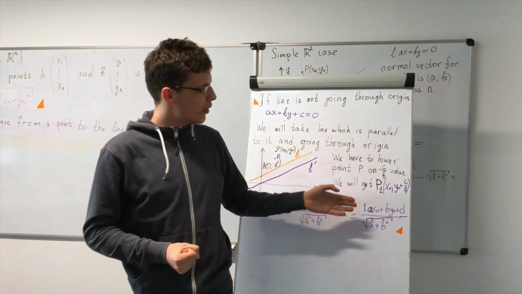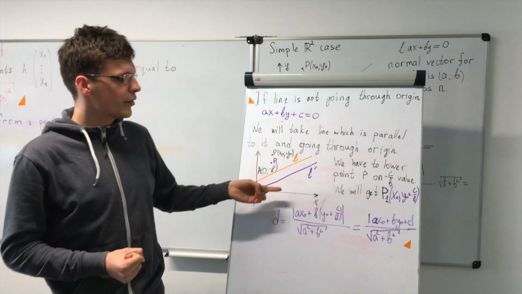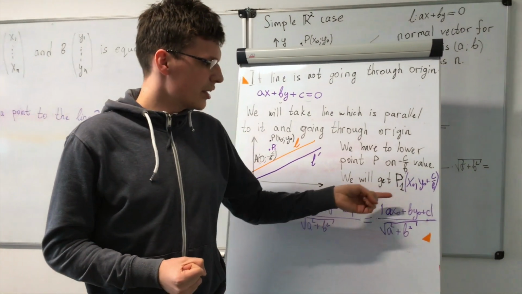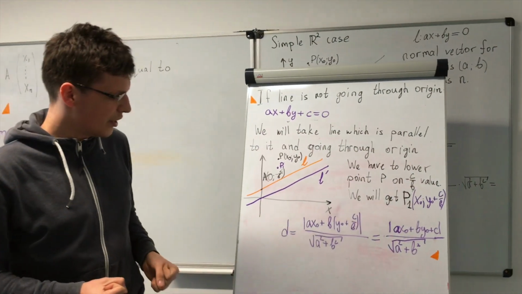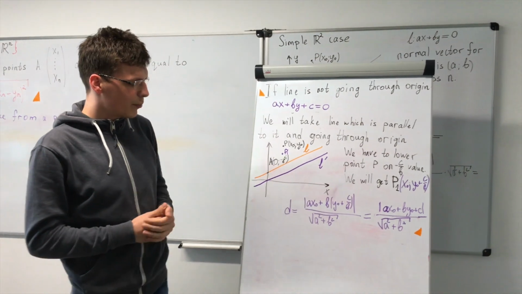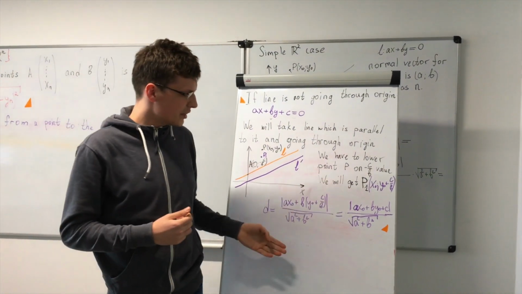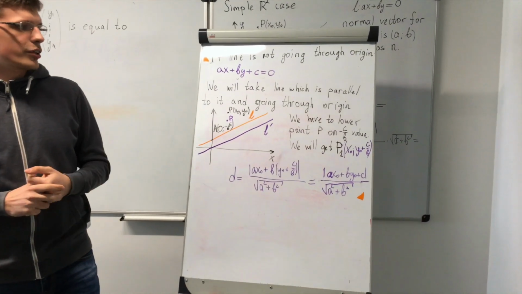So our point P1, which has the same distance to our new line as P to the old line L, is x0 and y0 plus c divided by b. Now we use our previous case formula, but with new coordinates, and we will get a general formula for a line which is not going through the origin.